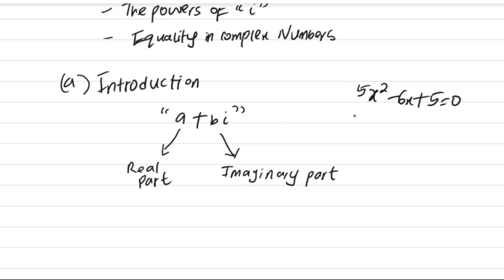Now we know that if you are to use a formula method to solve this, our formula method states that x is equal to minus b plus or minus square root of b squared minus 4ac divided by 2a.